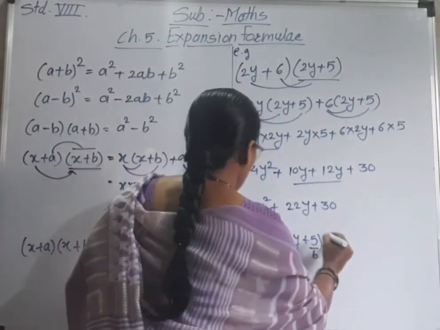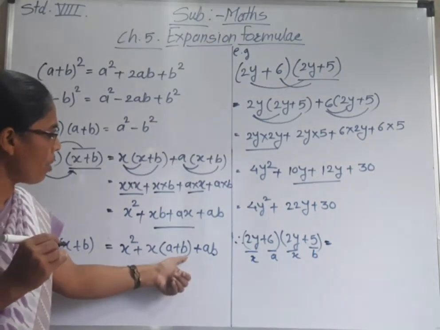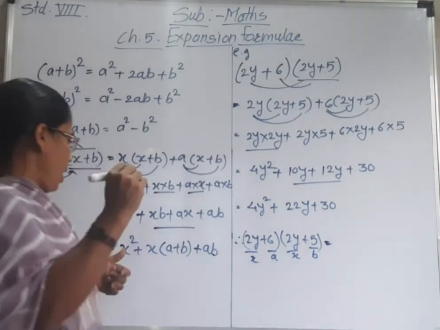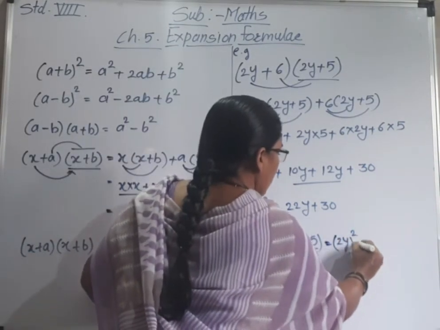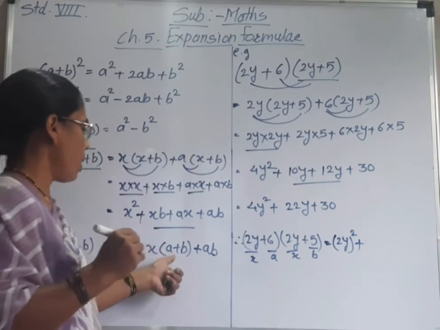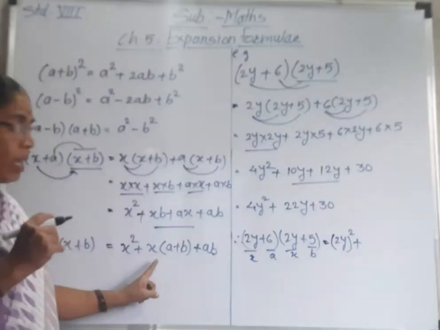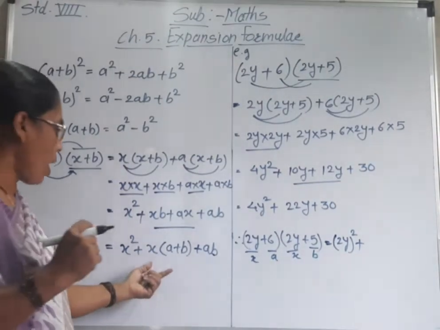So what is the formula here? x square plus x into (a plus b) plus ab. So x square means the first term (2y) whole square, plus x into (a plus b). We can also write this x after the bracket, and there is no change in the answer.